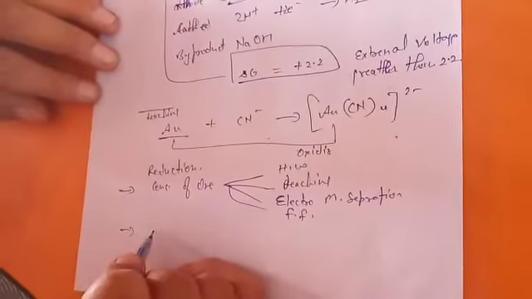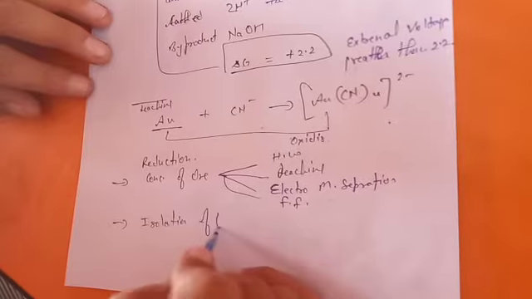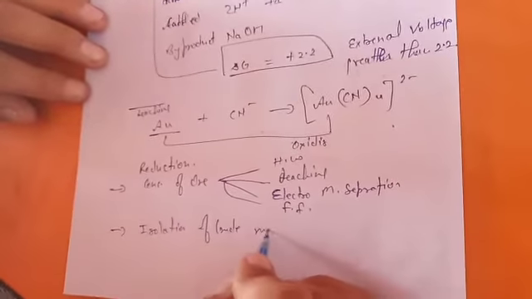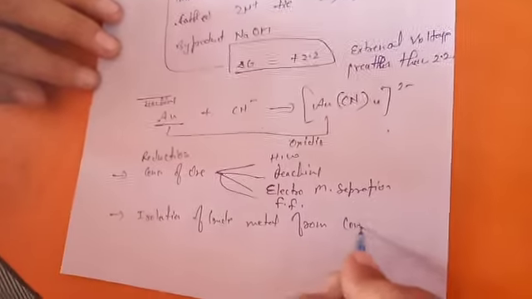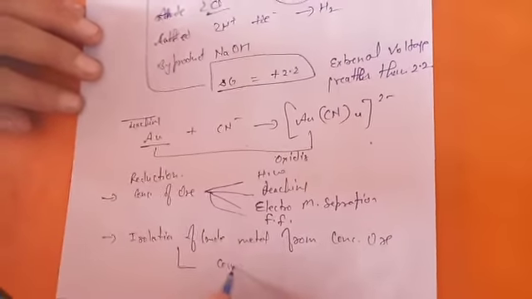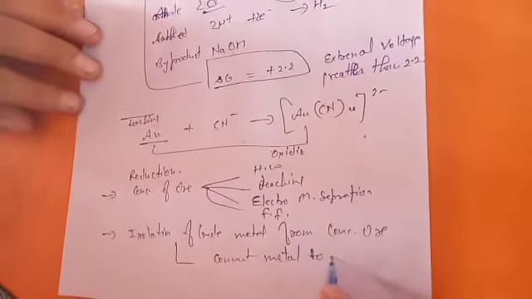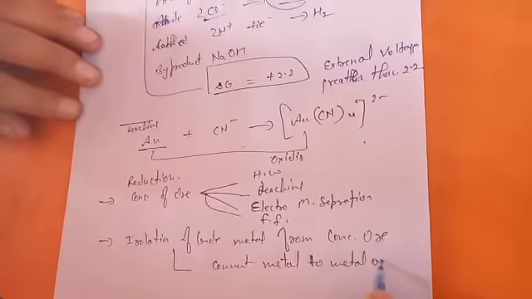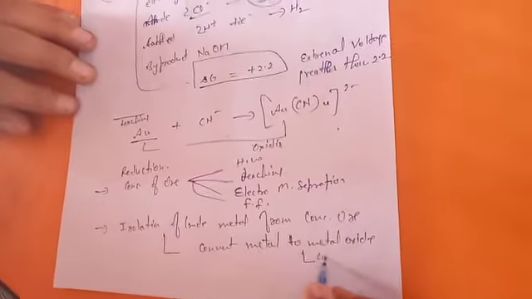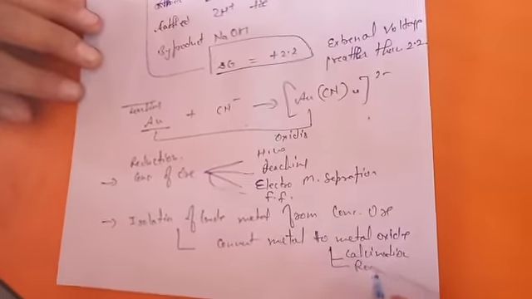Then we studied about the isolation of a crude metal from concentrated ore, because after the first step we will get concentrated ore. This is done in two steps. First, convert the ore to metal oxides. You can do this by either method, either calcination or roasting. This first step you can do by any of these two.